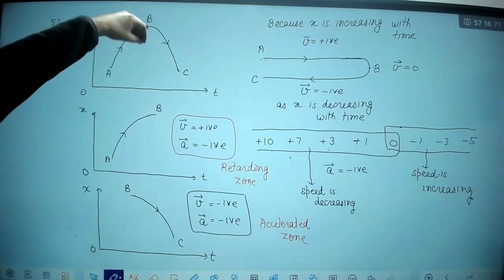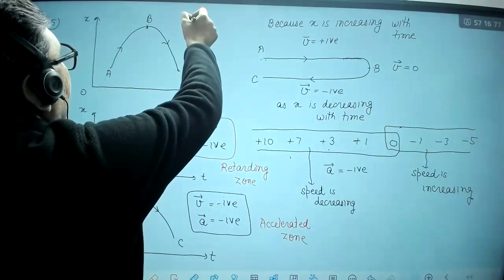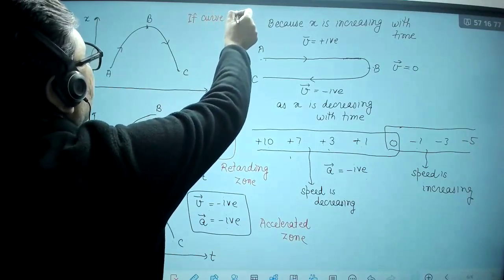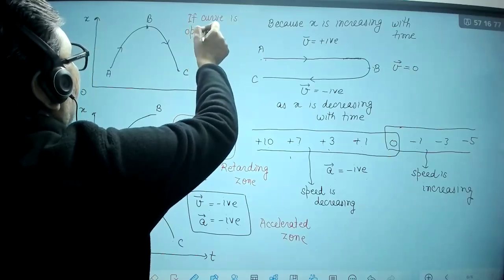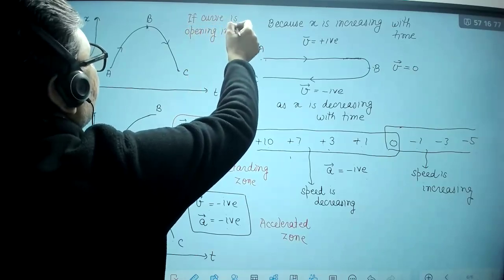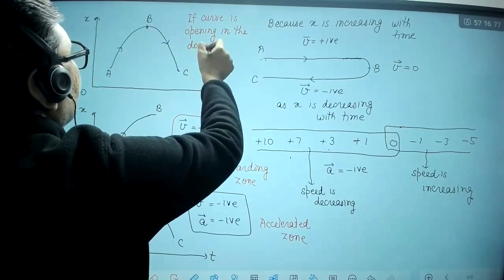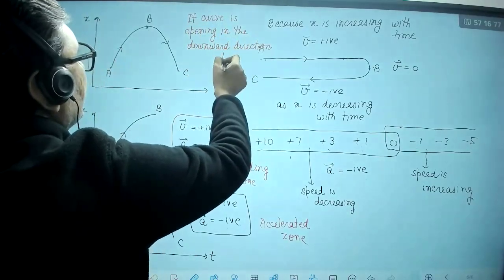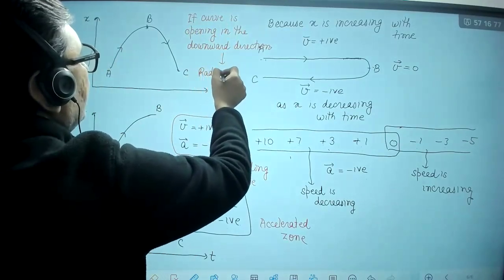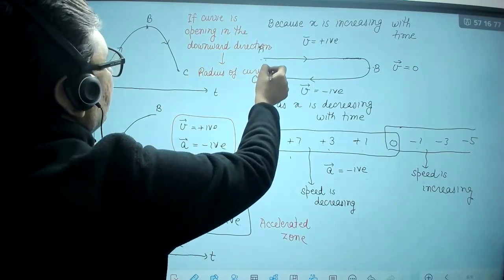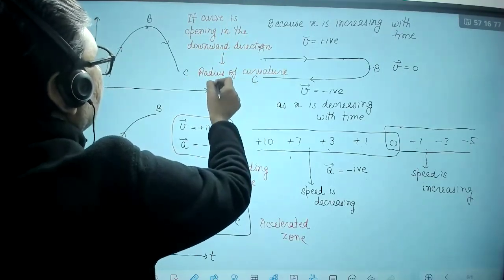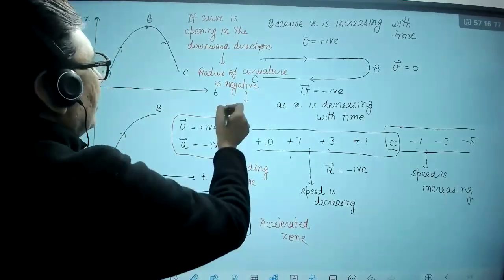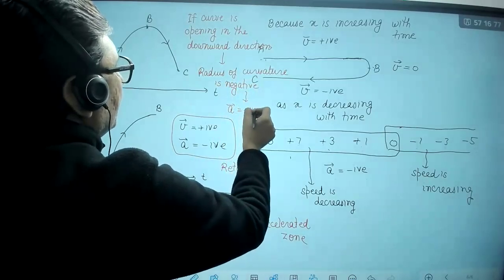So basically, whenever the radius of curvature is negative, that is, if the curve is opening in the downward direction, then acceleration here will be negative.